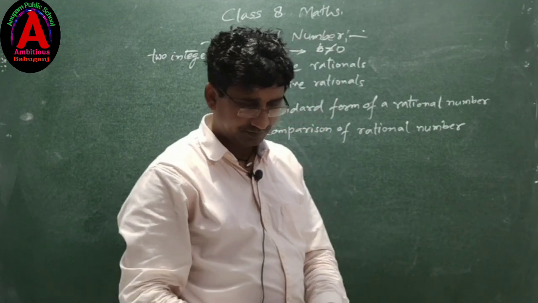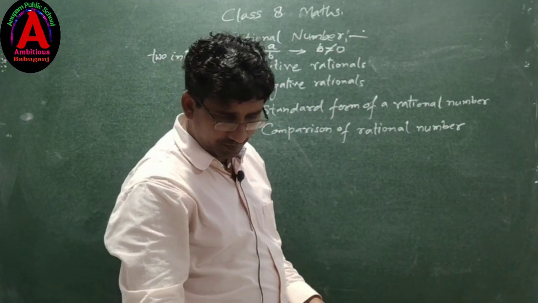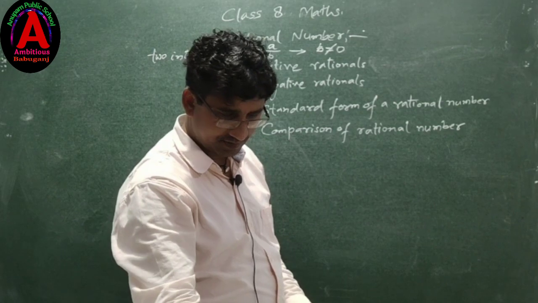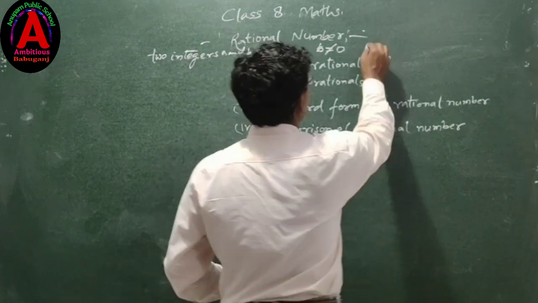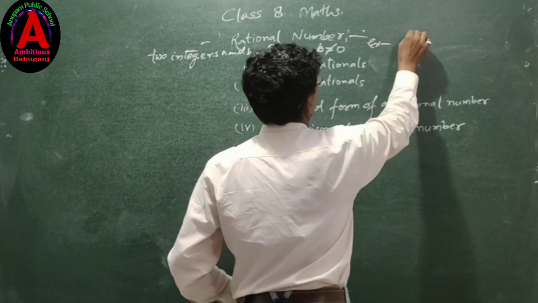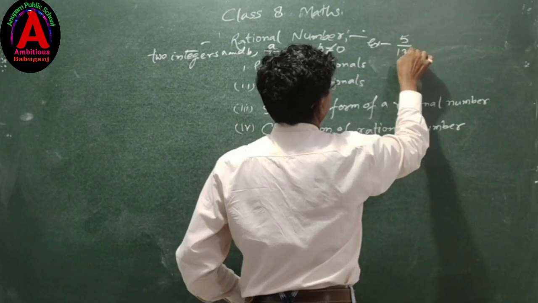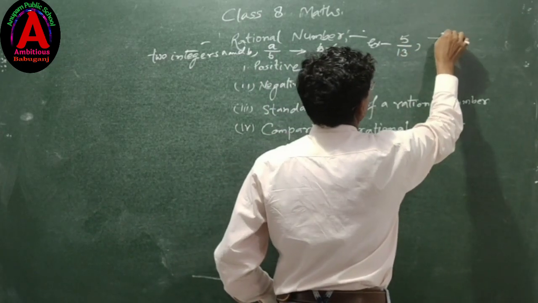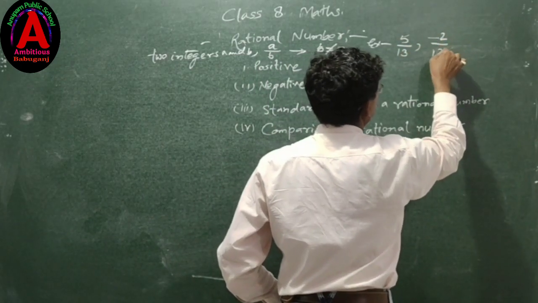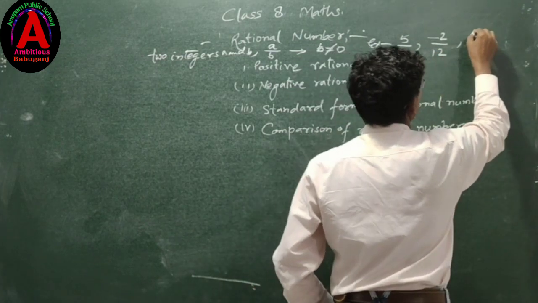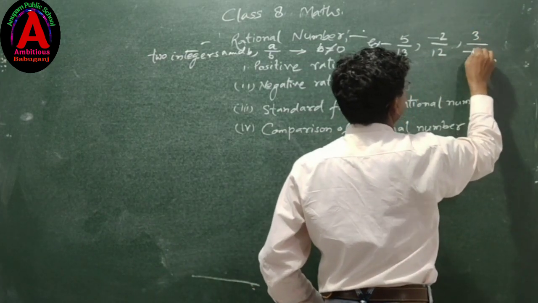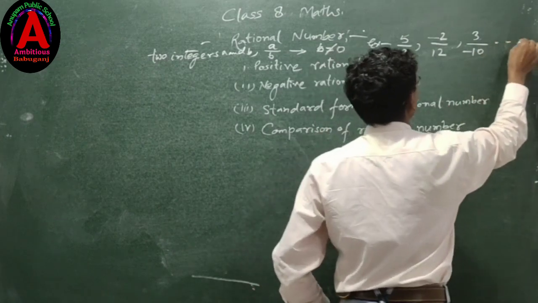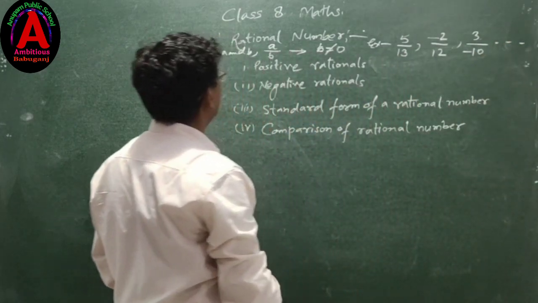For example, 5 upon 13, minus 2 upon 12, 3 upon minus 10, and so on. These are our rational numbers.